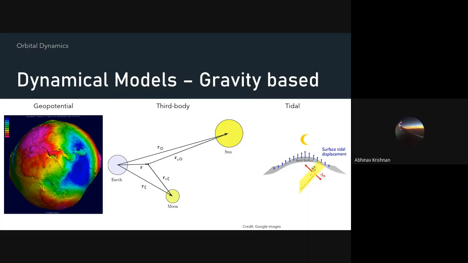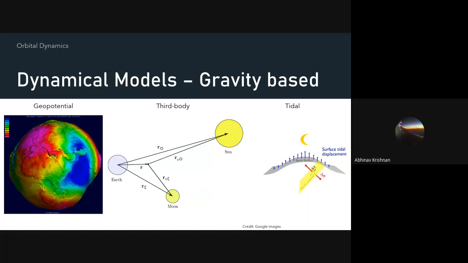This is a bit of an exaggerated image, but the intensity of each of these colors that you see here is very well justified based on several space missions that were specifically designed to determine the gravity field of Earth. I think some of you might even see India there based on the screen resolution you have. You could see the Himalayas are in green.